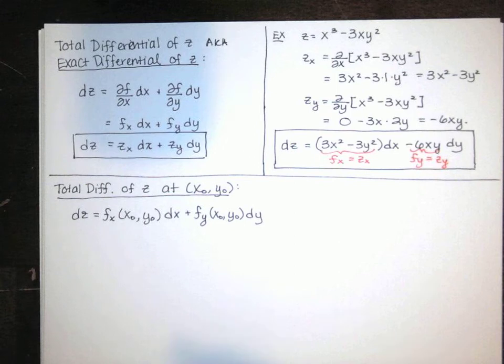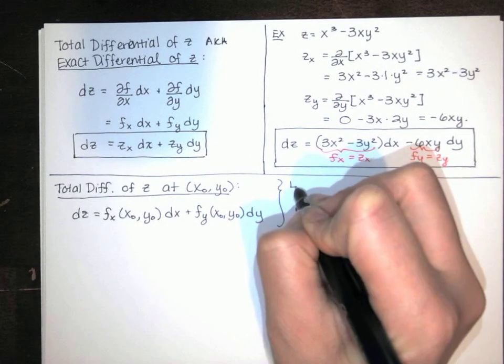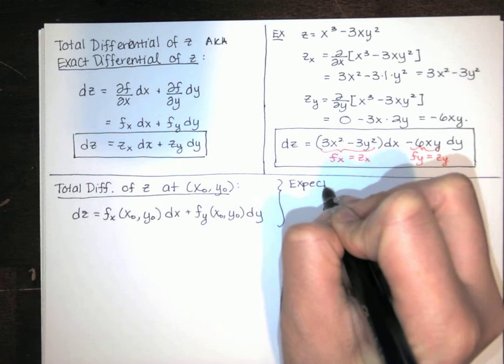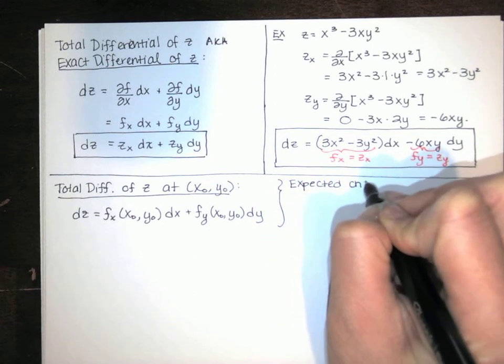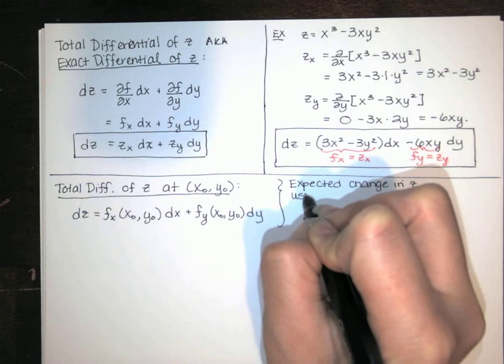Okay, the Calc 3 version for a function of two variables is that this represents the expected change in z using the tangent plane as an approximation.